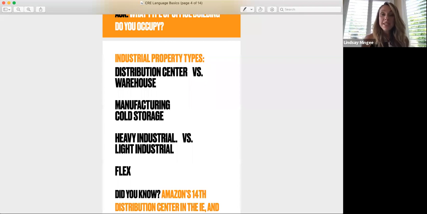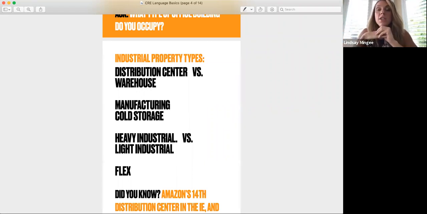Okay, industrial property types. Distribution center versus warehouse. In commercial real estate, we categorize a warehouse specifically for the purpose of storing goods. Now, certainly if we are storing goods inside of a warehouse, trucks will come to deliver the goods, other trucks will come to pick up those goods and move on.